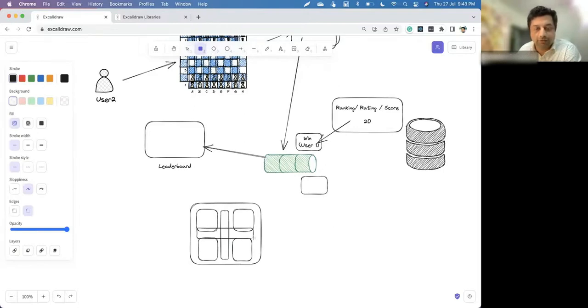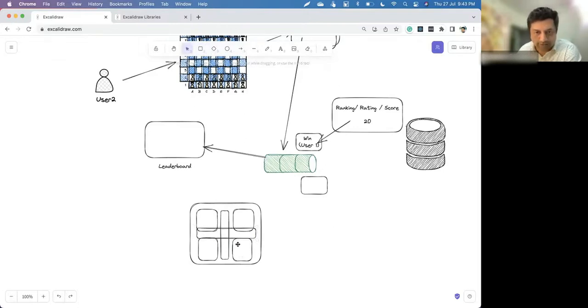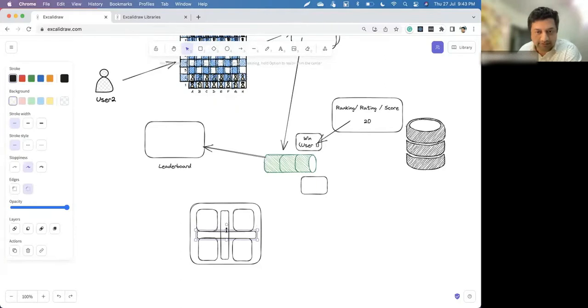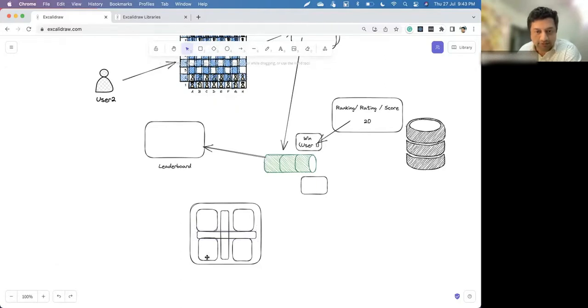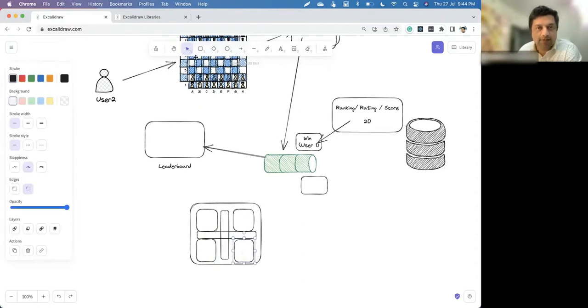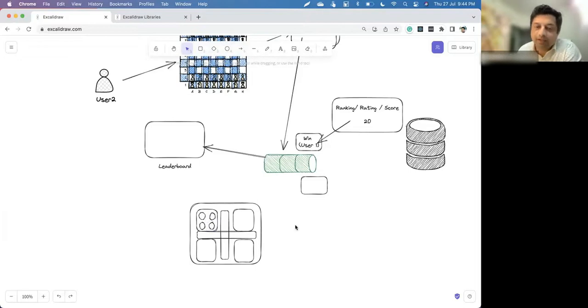It's looking like a Ludo board now, right? A little bit of size adjustment I can do. And yes, these are your 4. So this is a Ludo game, right?